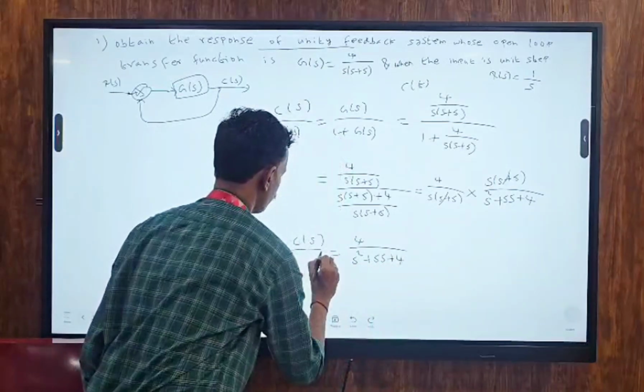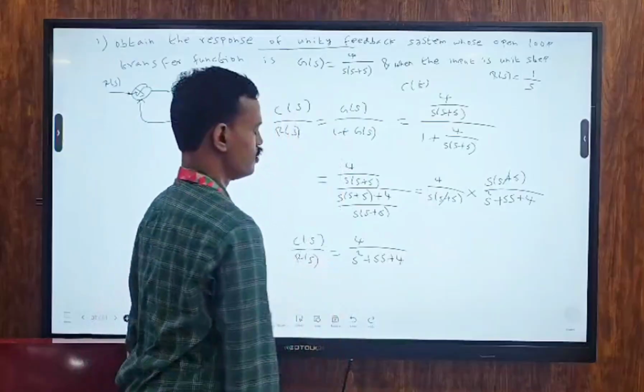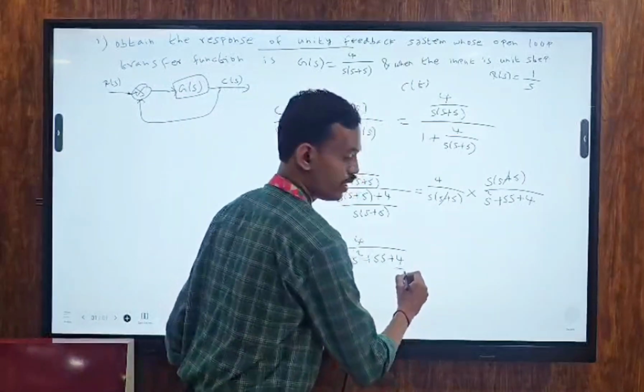The s(s+5) cancels, so we get C(s)/R(s) = 4/(s² + 5s + 4). The last value is 4.